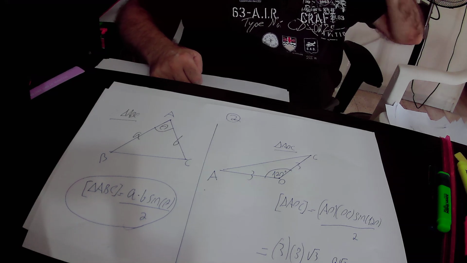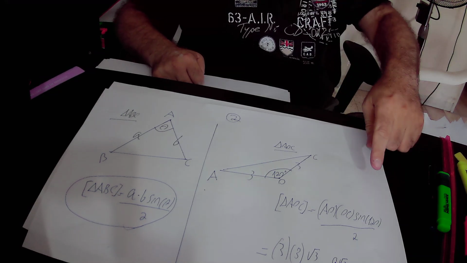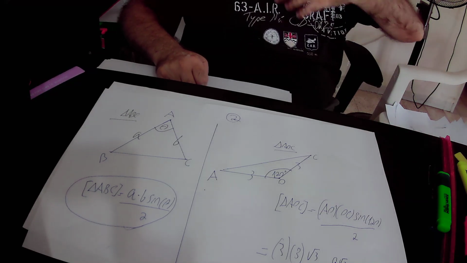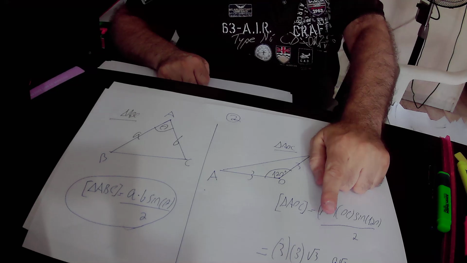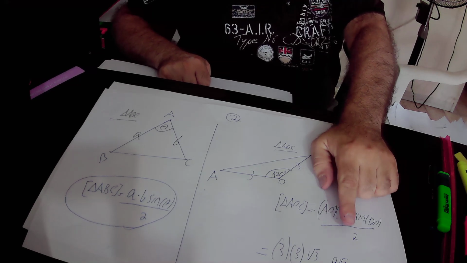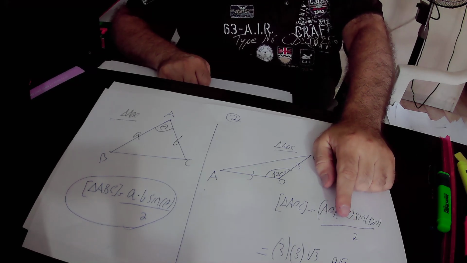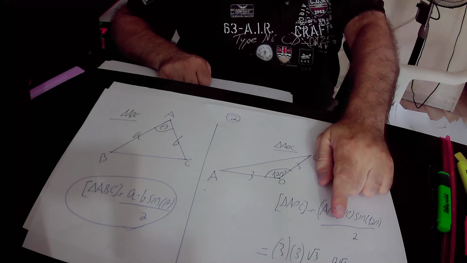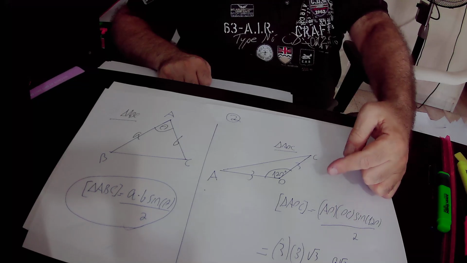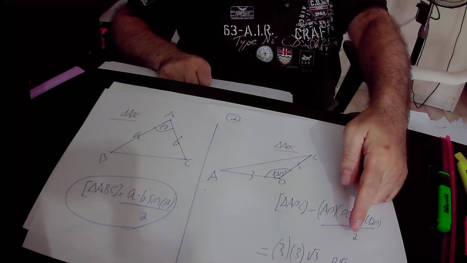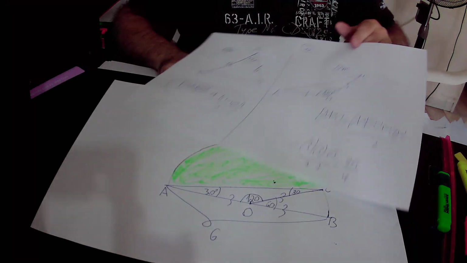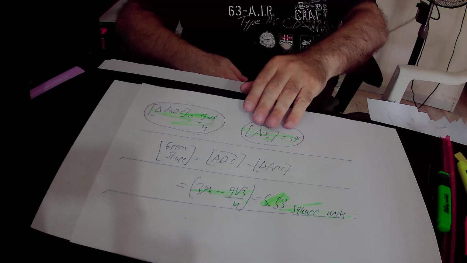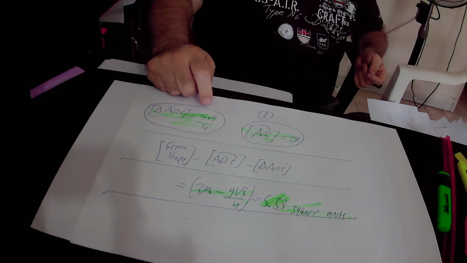AO is 3, OC is 3, sine 120 degrees is equal to square root of 3 over 2, all divided by 2. 3 times 3 is 9, so in the numerator we have 9 times square root of 3, and in the denominator we have 2 times 2, that is 4. So in conclusion, the area of triangle AOC equals 9 times square root of 3 over 4 square units.